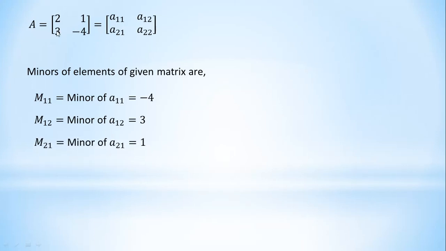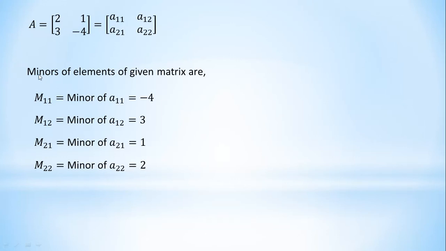Then the minor of A21, denoted by M21. Ignore its row and column and the remaining element is 1. Then the last one, the minor of A22. Again remove the row and column and the remaining single element is 2.